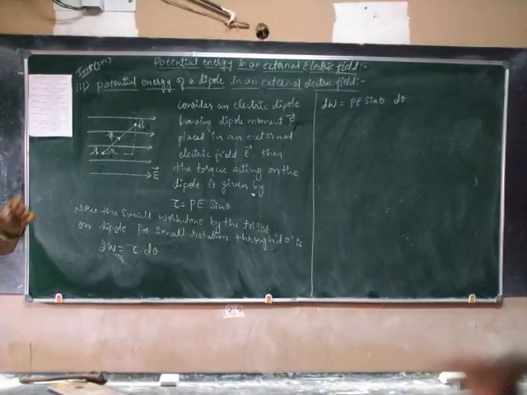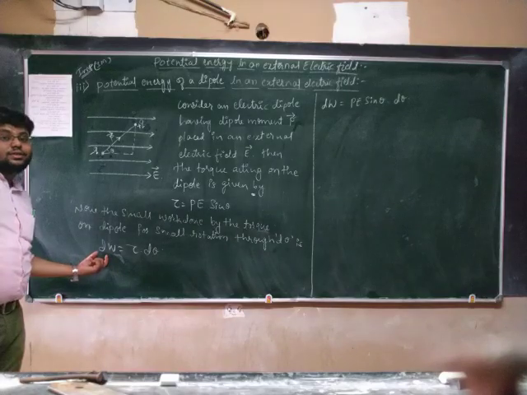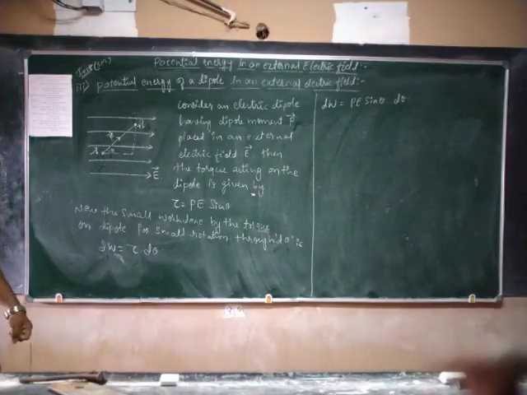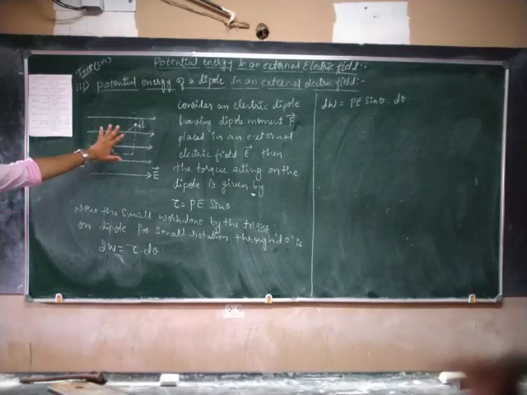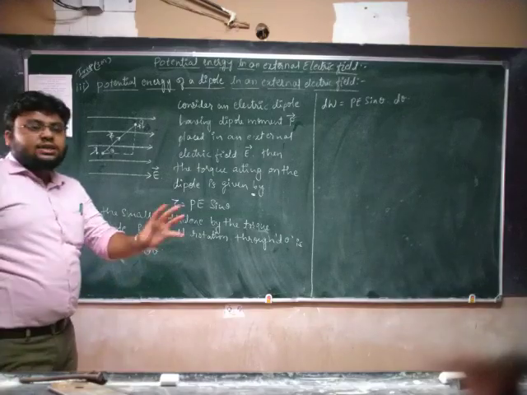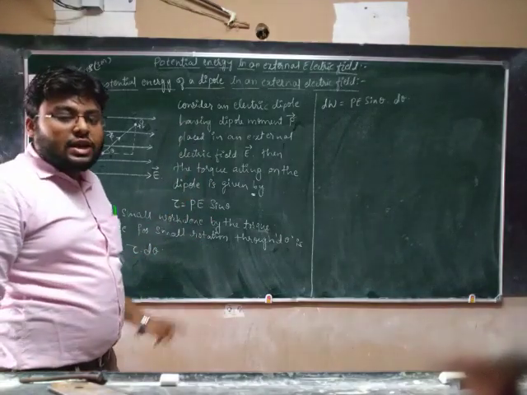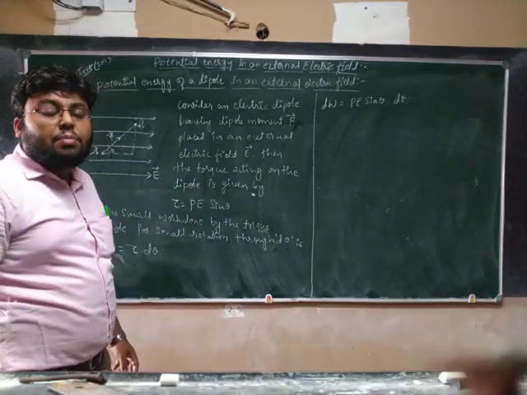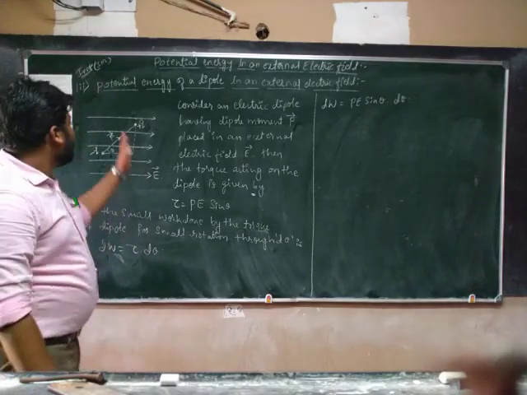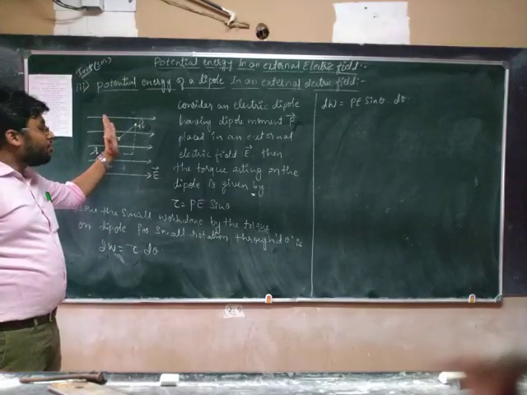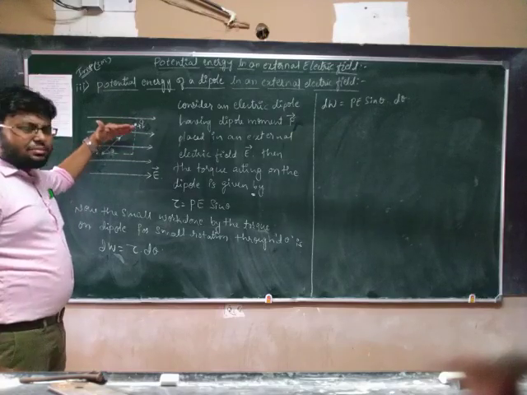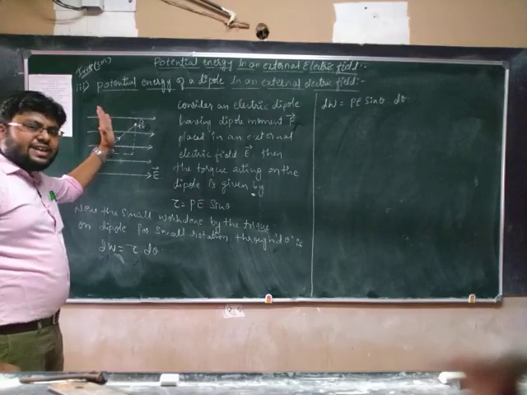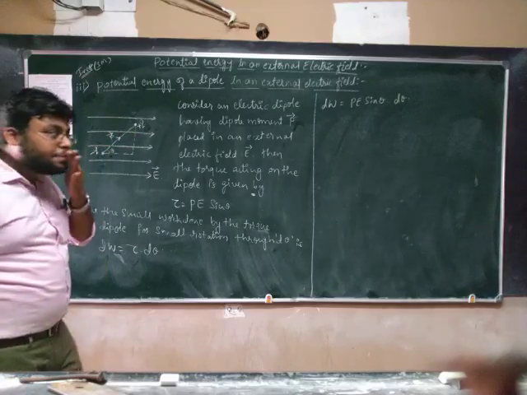So now the sum of the small work done will be equal to the total work done. Now I'll consider the work done on the dipole in rotating it from theta 1 to theta 2. Here theta 1 I'll consider as pi by 2, that is 90 degree. From 90 degree we are bringing it to 0 degree, or else some other theta. From 90 degree to theta degree.